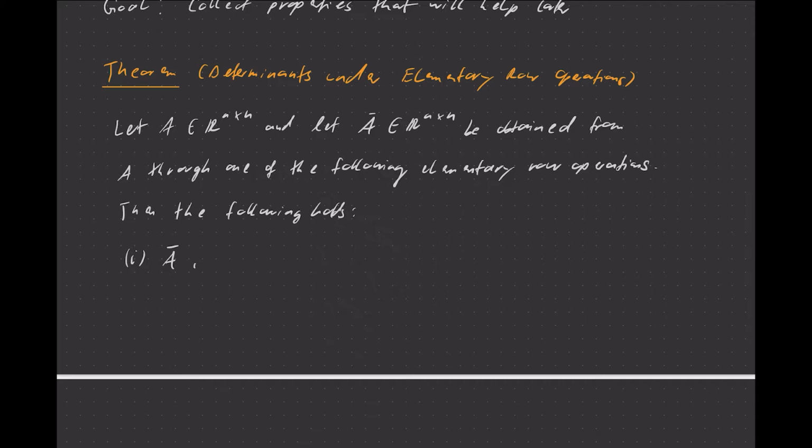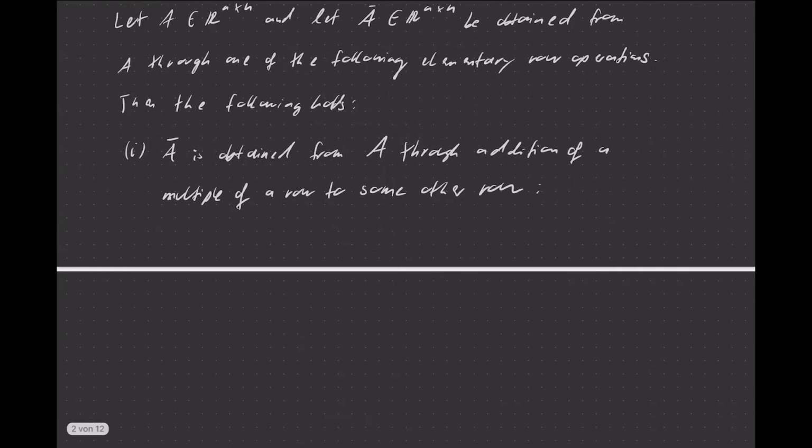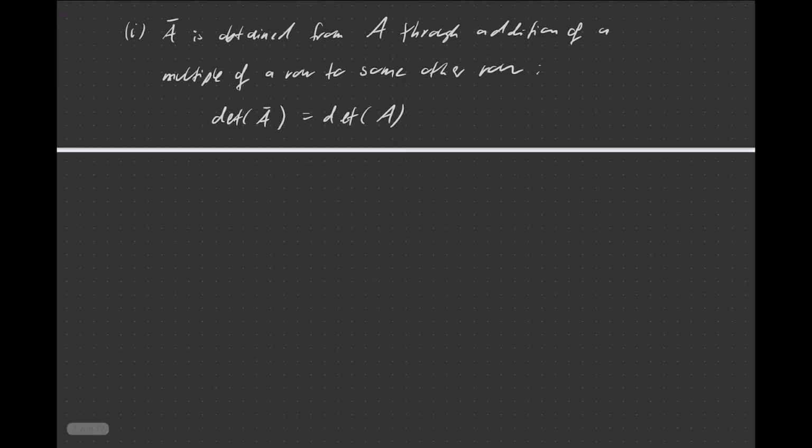So if A bar is obtained from A through addition of a multiple of a row to some other row, then the determinant of A bar is the same as the determinant of A. So that's the easiest elementary operation in terms of determinants that we have, and that's also one that we'll use most frequently.